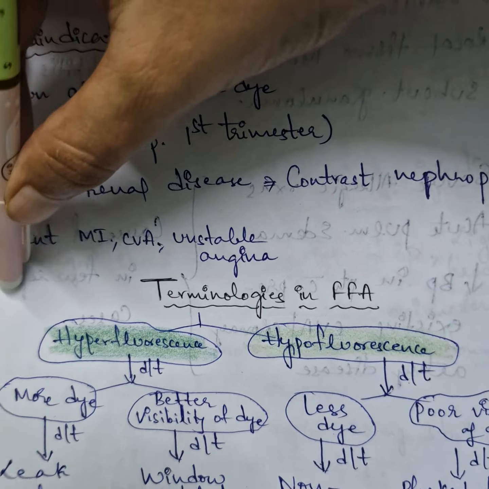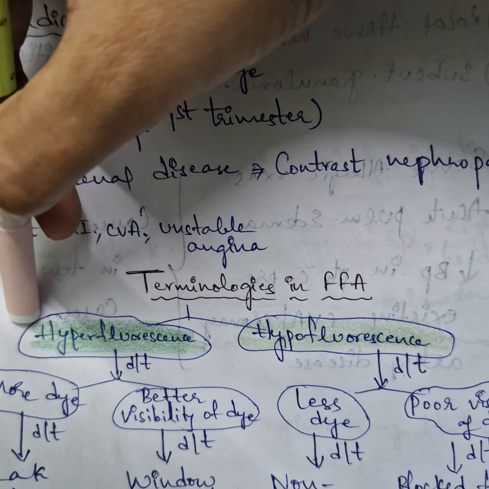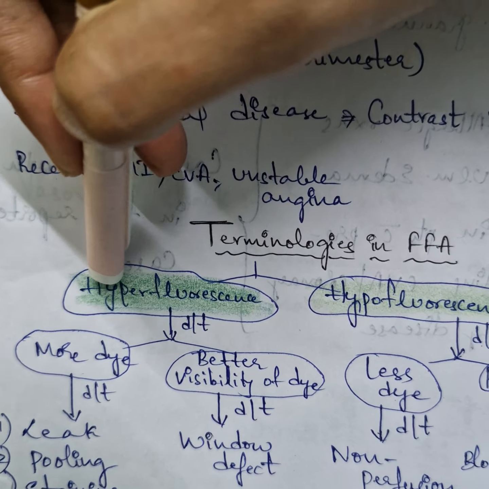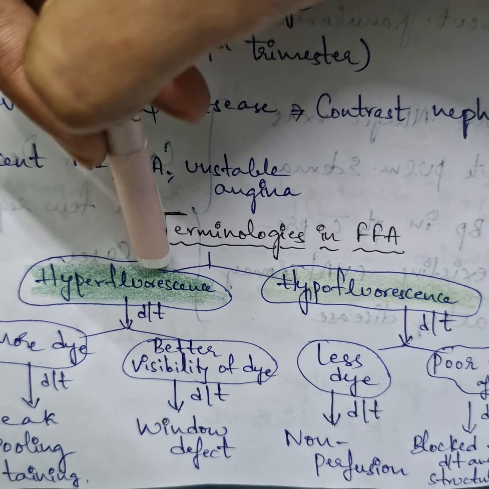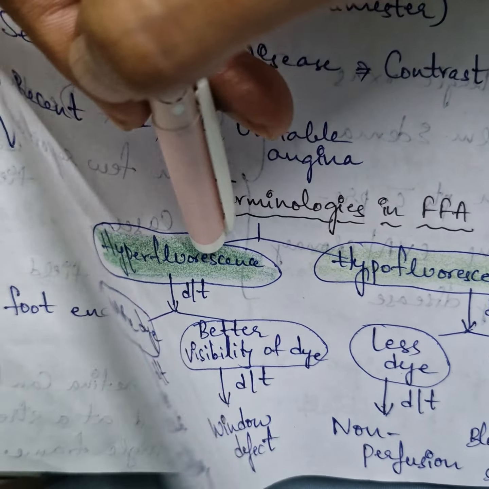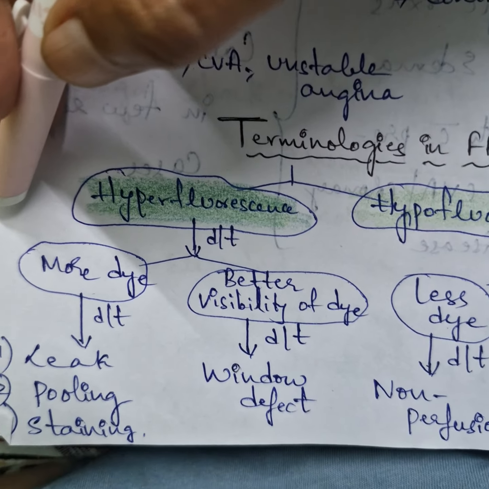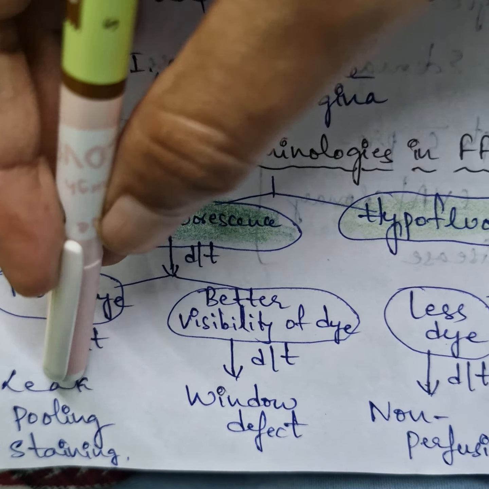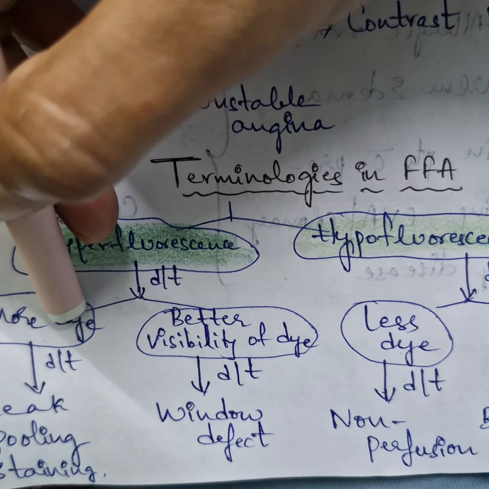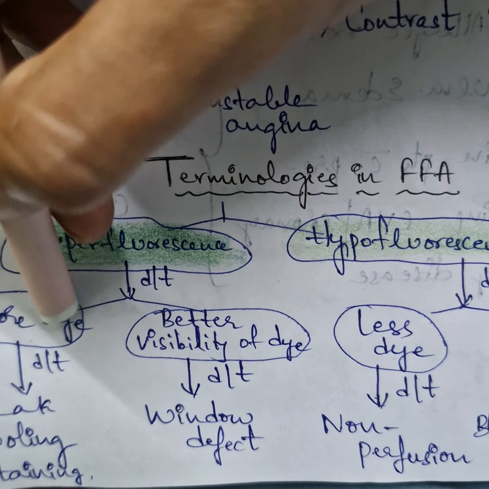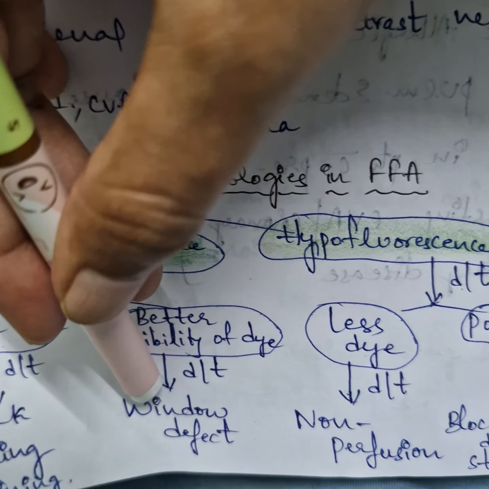Okay, now we'll see some terminologies in FFA, that is hyperfluorescence and hypofluorescence. Hyperfluorescence, as the name itself indicates, means there is more dye. This hyperfluorescence can be due to the actual dye being more, that is due to leak, pooling or staining, or the dye is normal in quantity but there is better visibility of the dye, that is it may be due to window defect.